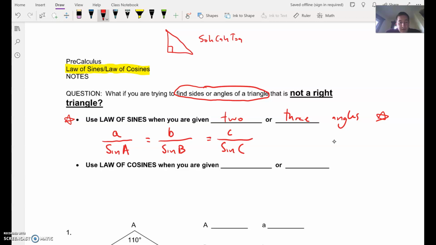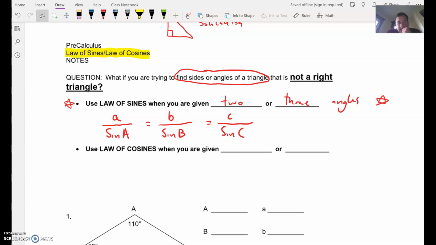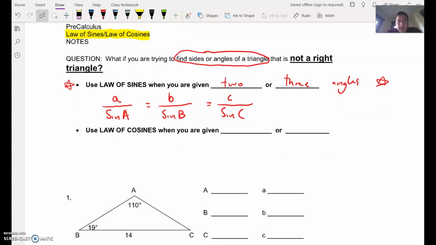But I want this video to focus on law of cosines. Law of cosines is a little more complicated, but it's still just kind of plug and chug into a formula. And we're not going to deep dive really into creating that formula, proving it like we did a little bit with the Desmos activity for law of sines. But law of cosines is used when you're given 1 angle, or if you're given none.